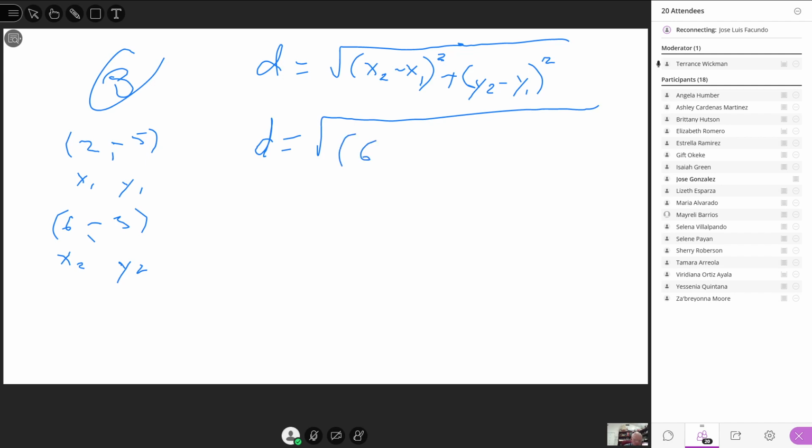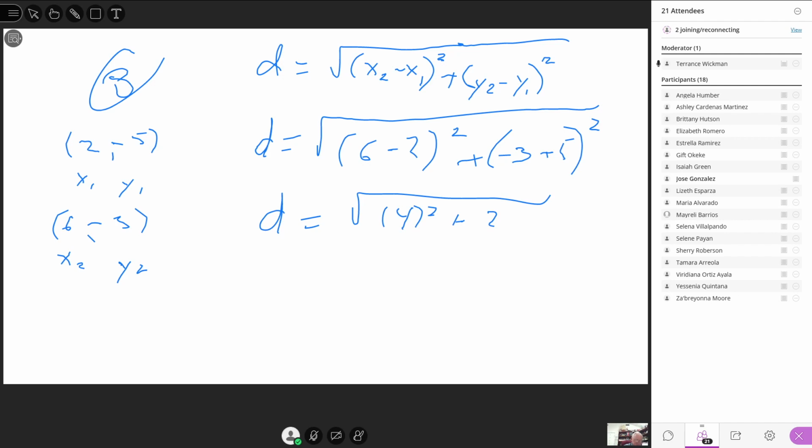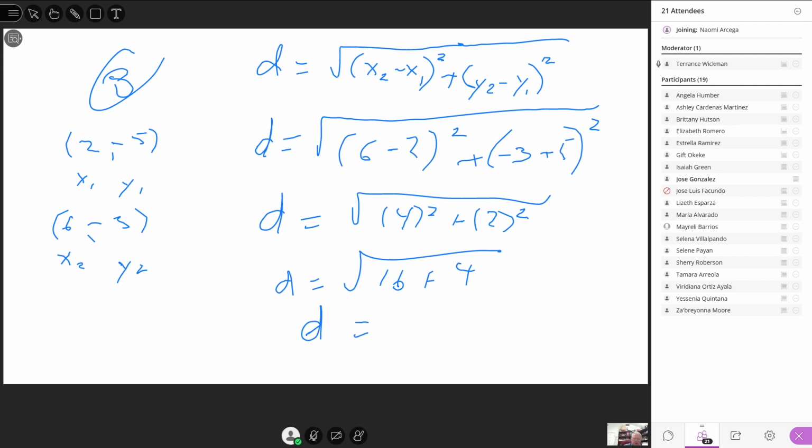That's going to give us 6 minus 2 squared plus negative 3 plus 5 squared. d equals the square root of 4 squared plus 2 squared. d is equal to the square root of 16 plus 4. d is equal to the square root of 20. The square root of 20 is equal to the square root of 4 times the square root of 5. So then d is equal to 2 times the square root of 5. It's that one. That would be C.